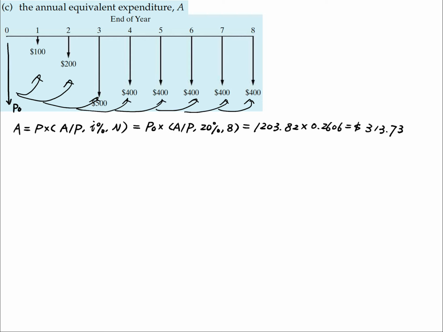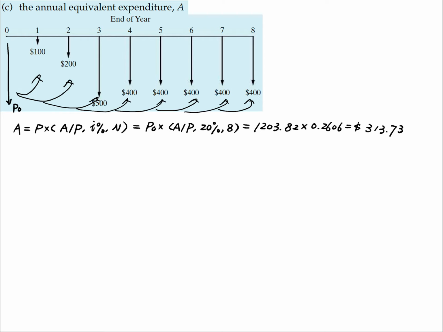So the final result is 313.73. Okay, so this is how you convert all different cash flows back to the present, compound to the future, and then distribute them to every year.